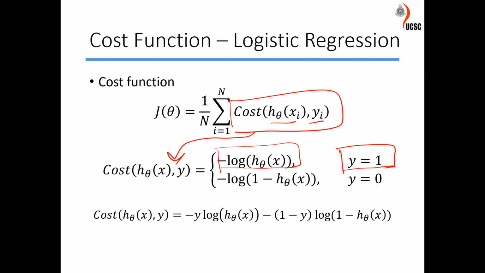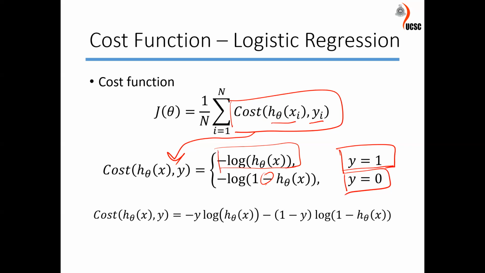If our class is 0, then you can replace this h naught x by 1 minus h naught x, basically mirroring the log function. Why? Because it has this negative value here, and that's getting mirrored. I'll show you what will happen.